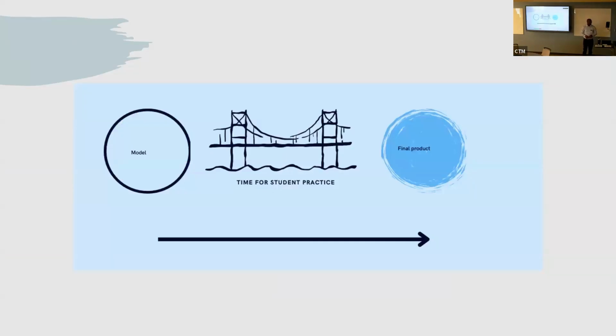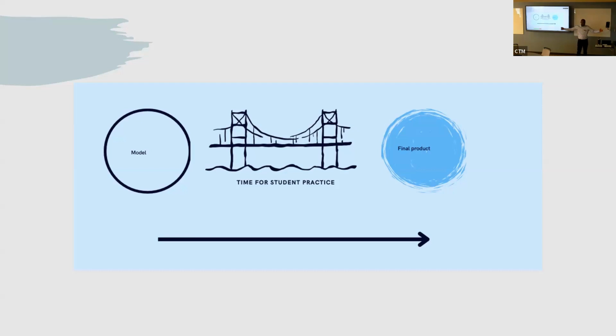Yeah. Right. So guys, this is the paradigm we are talking about. This is the paradigm. The model which will lead them to the final product. But in between them, they need time for practice. So you show them what an excellent work looks like, which is going to lead them to produce a final product by themselves.